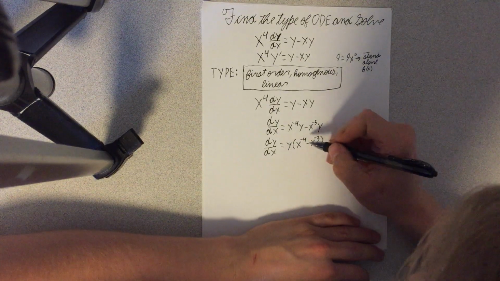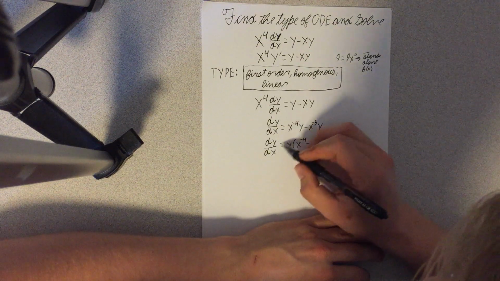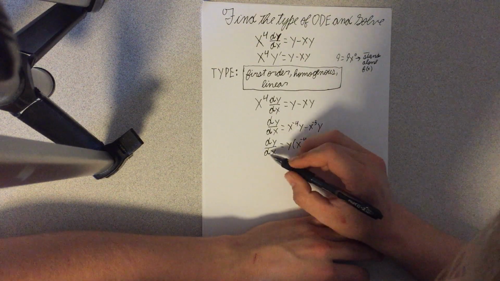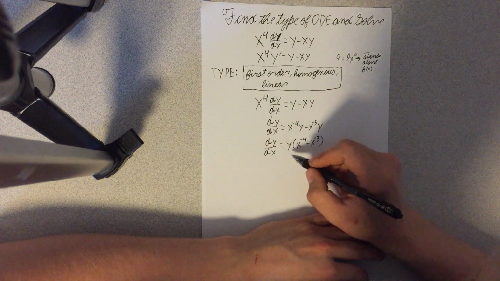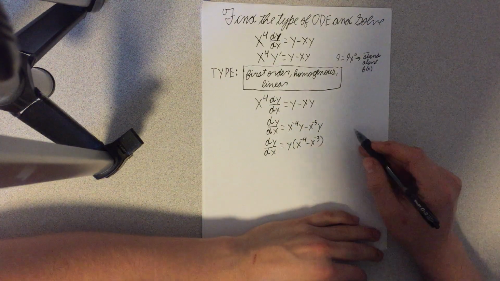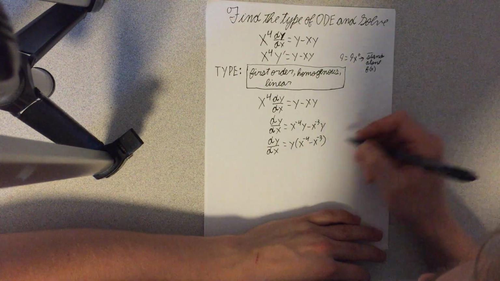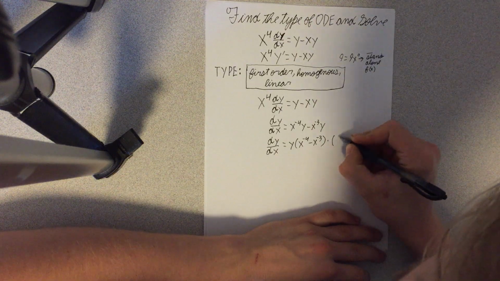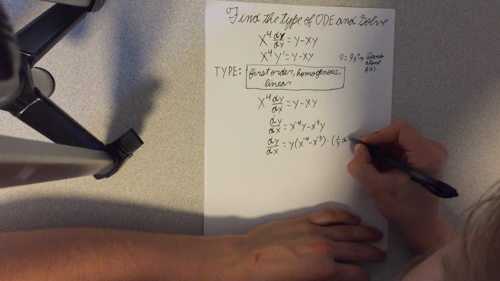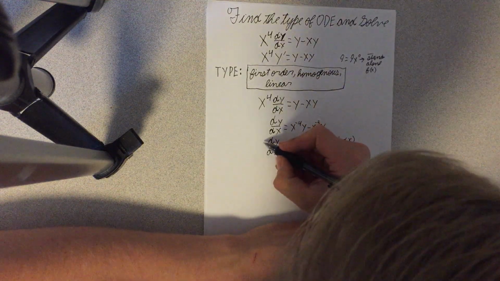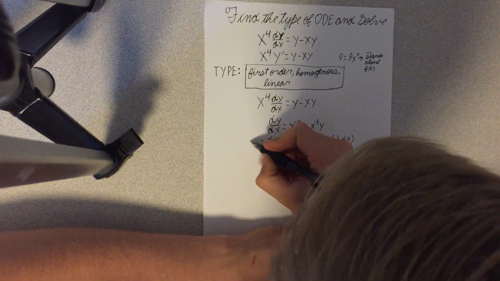Okay, now from here we can see all we need to do to get our y's over here with our dy is divide by y, and then for our dx we just need to times by dx to get it over here. So I'm going to write this in here, 1 over y dx, and always do it to both sides.